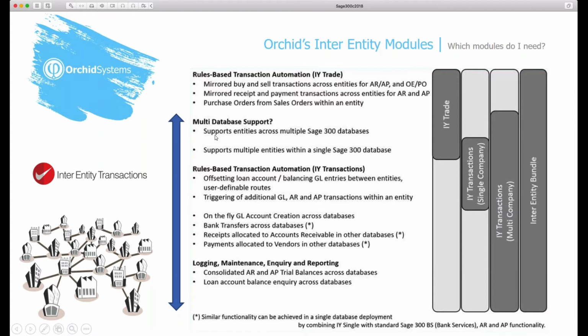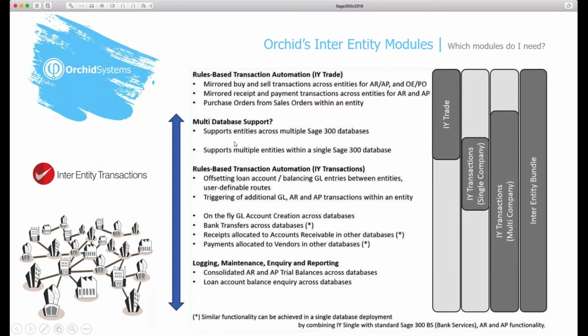So running through the different features over here briefly, the multi-database version allows you to hold entities in multiple databases within a group. The single database version allows you to run multiple entities within one company, or rather within one database.